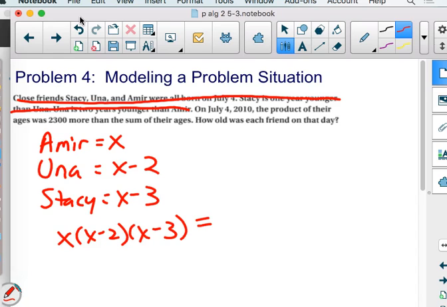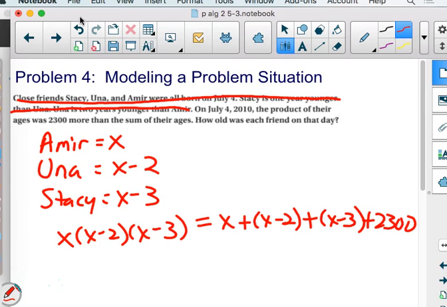Was 2,300 more than the sum of their ages. Uh-oh, what sum? Add them. x plus x minus 2 plus x minus 3 plus 2,300, because this was 2,300 more than that. Oh my gosh, look at that thing.